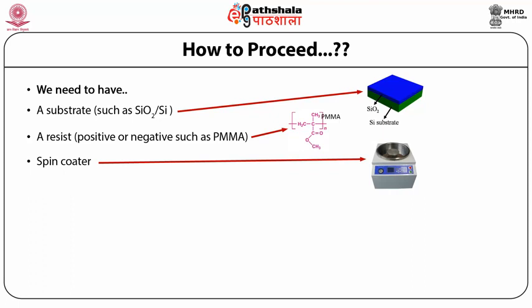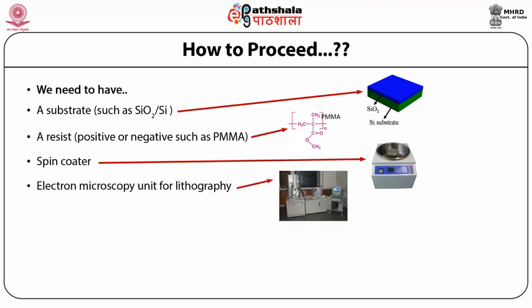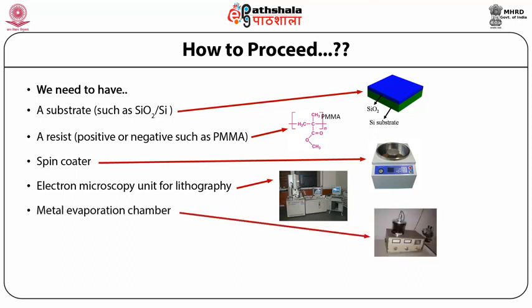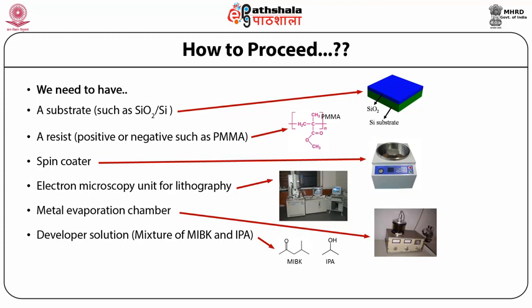Next we need the electron microscopy unit for lithography. Then a metal evaporation chamber. Next, a developer solution, that is a mixture of MIBK and IPA. Lastly, the lift-off solution, which we generally take as acetone.